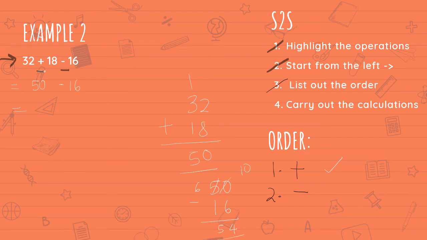Hold on. Spot my mistake. That's not supposed to be 6. That is supposed to be 4. So 4 minus 1 is 3. So the answer is 34. So you have done the subtraction. The answer is 34.